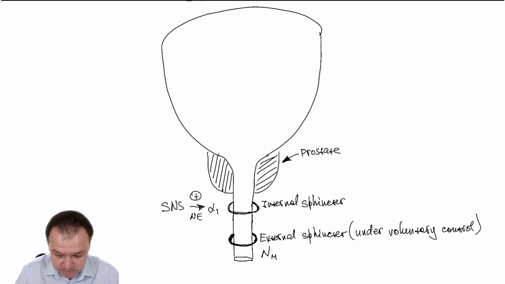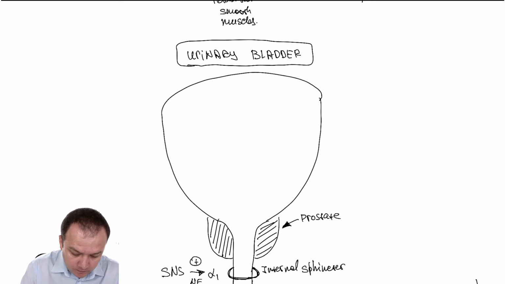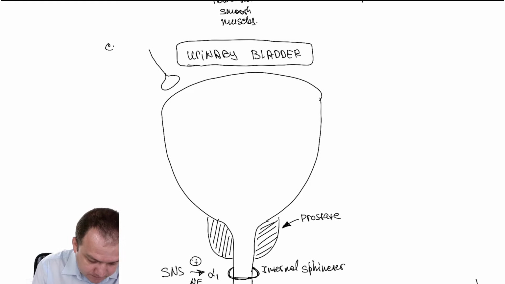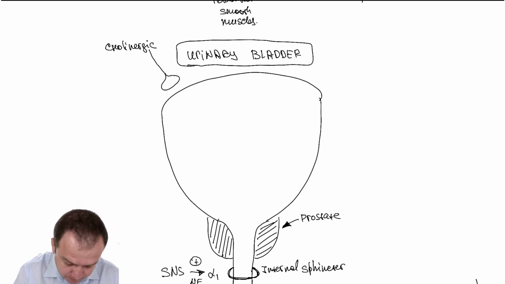This is like skeletal muscles, yeah, NM subtype of receptors innervated by the somatic nervous system. What else? We have cholinergic inputs, and we have adrenergic inputs to the bladder.